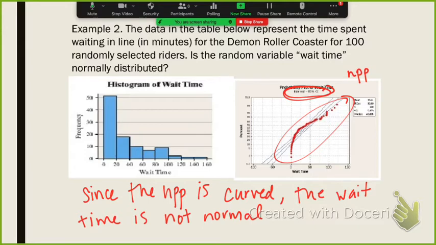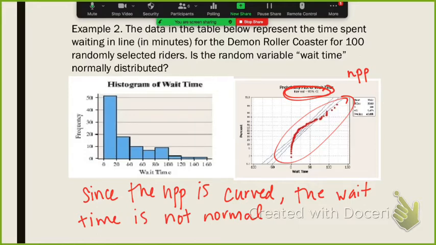So why is the histogram there? You can't make any inferences based off the histogram. But it's there to show you that this is clearly a curved distribution, and the normal probability plot proves that it is, in fact, not normal.